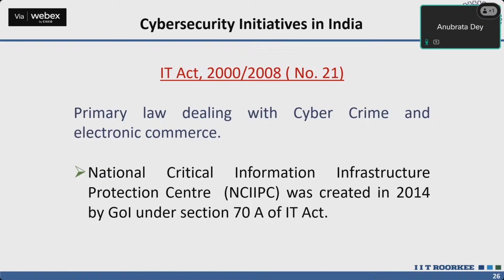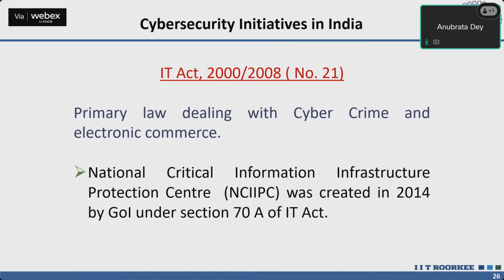So the government came with the IT Act, started in 2008, and they formed a company in 2014. It is known as the National Critical Information Infrastructure Protection Center, known as NCIIPC. It was established in 2014 by IT Act 70A.